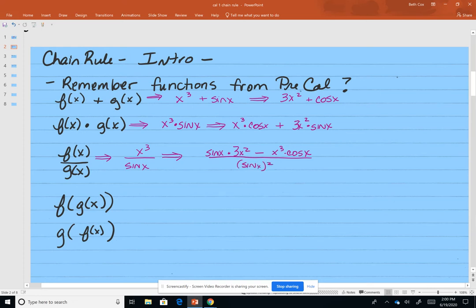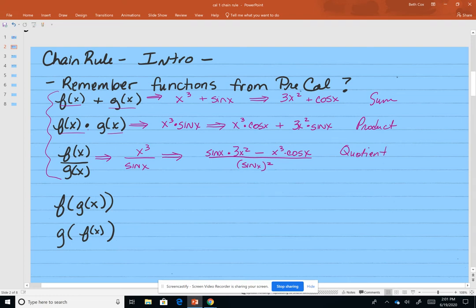I'm not going to simplify these, but I want you to see that we have learned how to find the derivative of two different functions added, multiplied, and divided: the sum rule, the product rule, and the quotient rule.